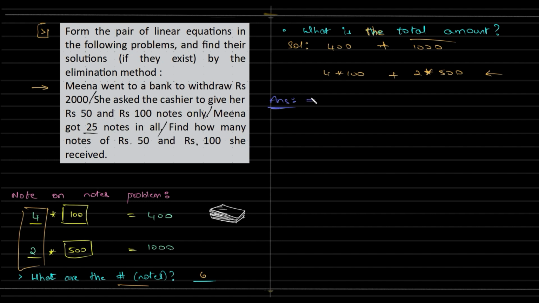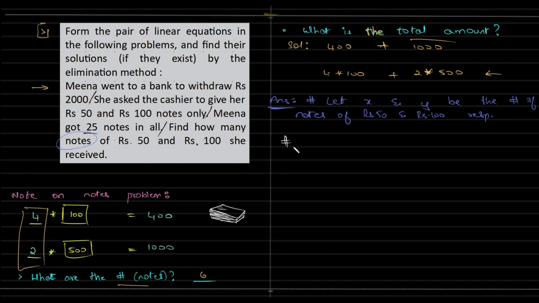The first thing is we have to talk about what we have to find. Find how many notes. So let x and y be the number of notes of rupees 50 and rupees 100 respectively.